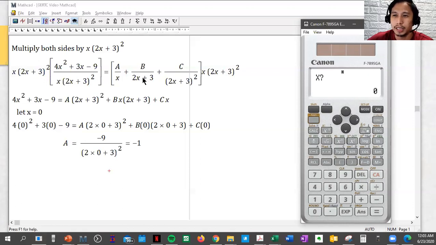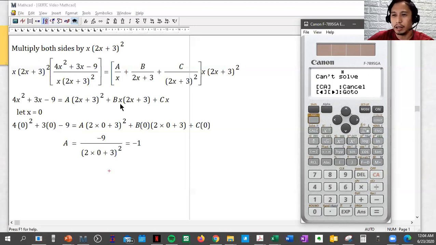So what makes this to be 0? That is x equal to negative 3 halves, right? Now, if I'm going to make x equal to negative 3 halves, expect this to be error. Processing or can't solve. Well, why is that?